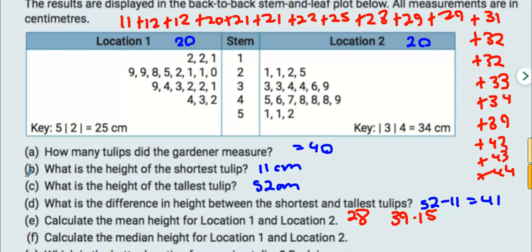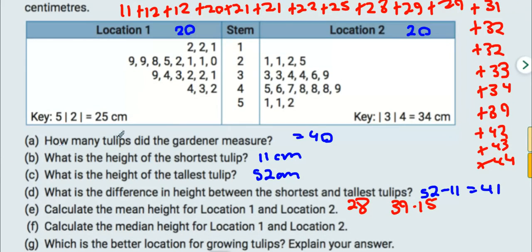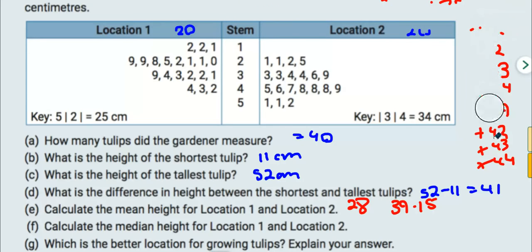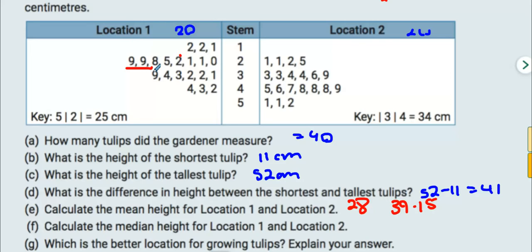All right, lads, find the median heights. Well, what's the middle of 20? 10 and 11. Now, what are the values in positions 10 and 11? Let's find out. 1, 2, 3, 4, 5, 6, 7, 8, 9. 10 and 11 are both 29. So the answer is 29 for location 1.